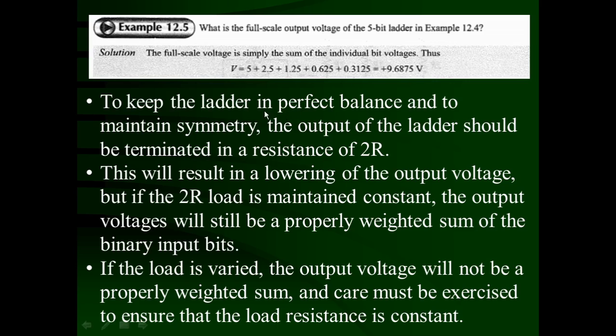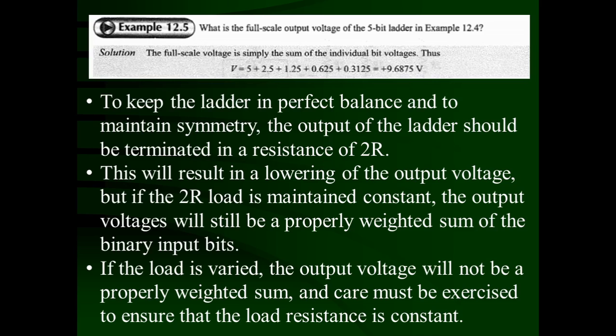To keep the ladder in perfect balance and to maintain the symmetry, the output of the ladder should be terminated in a resistance of 2R. Until now we have considered that Va on the right hand side was open circuited, but when it is open circuited, the ladder is not in a perfectly balanced circuit.